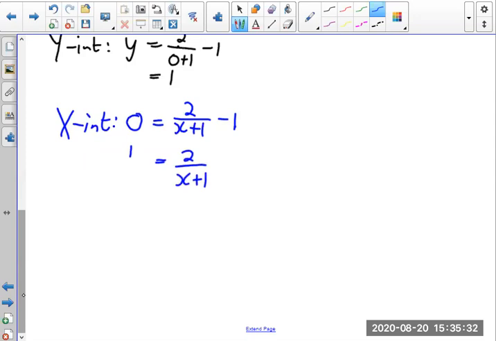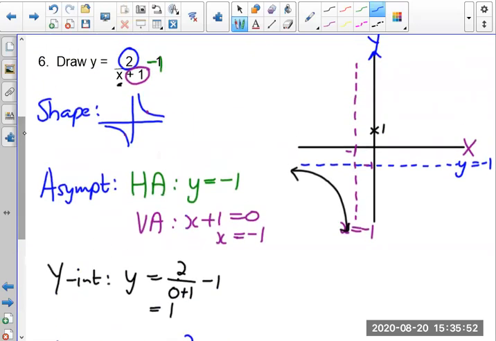If you're busy with fractions, make this number a fraction by putting it over 1, because then it's easier. Then you can cross multiply. 1 times x plus 1 is x plus 1. 2 times 1 is 2. And you get x equals 1. So now you know the x-intercept is 1. And now you can draw this part of the hyperbola.